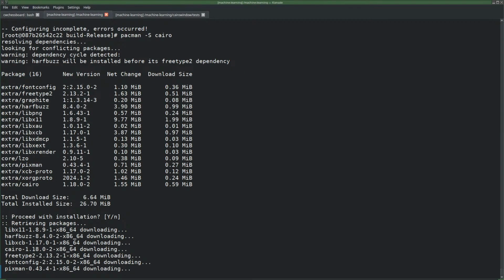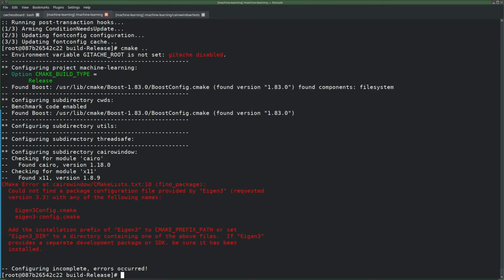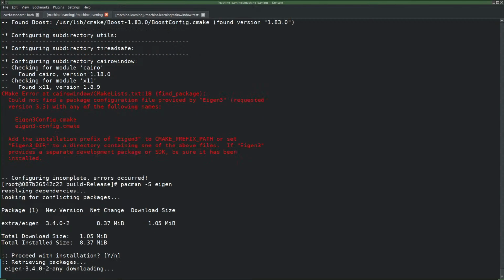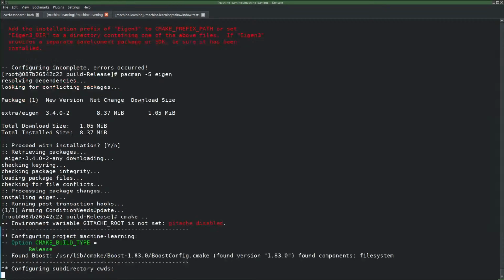Ta-da! It just works. Just unbelievable. Type Cairo and you have it. Eigen. Art is pretty simple. You just type eigen instead of difficult stuff like lib eigen dash dev. That's the other distributions.